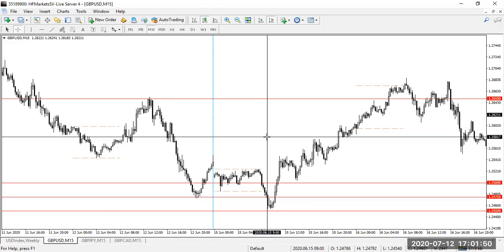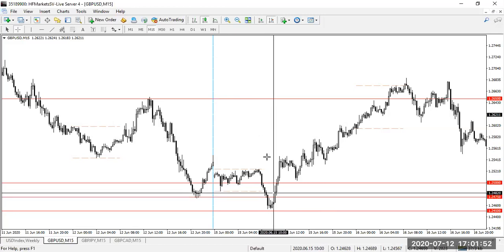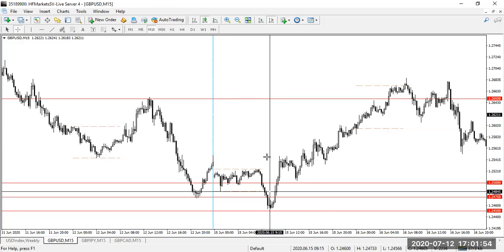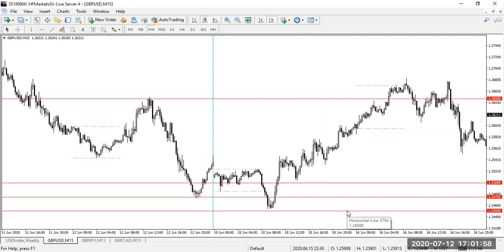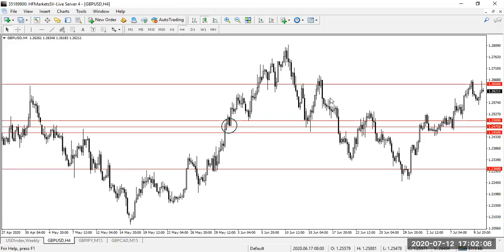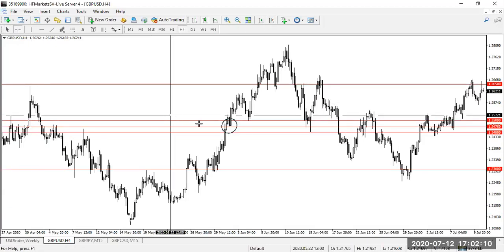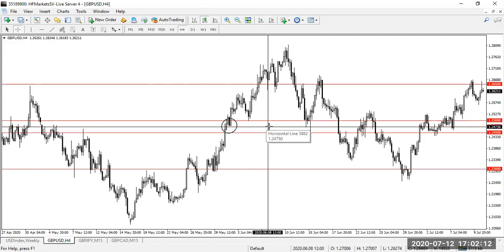Since the Asian box is here, and I have this level which I drew at the daily time frame, and this one, let me check H4. I would say this is H4, and this one too.